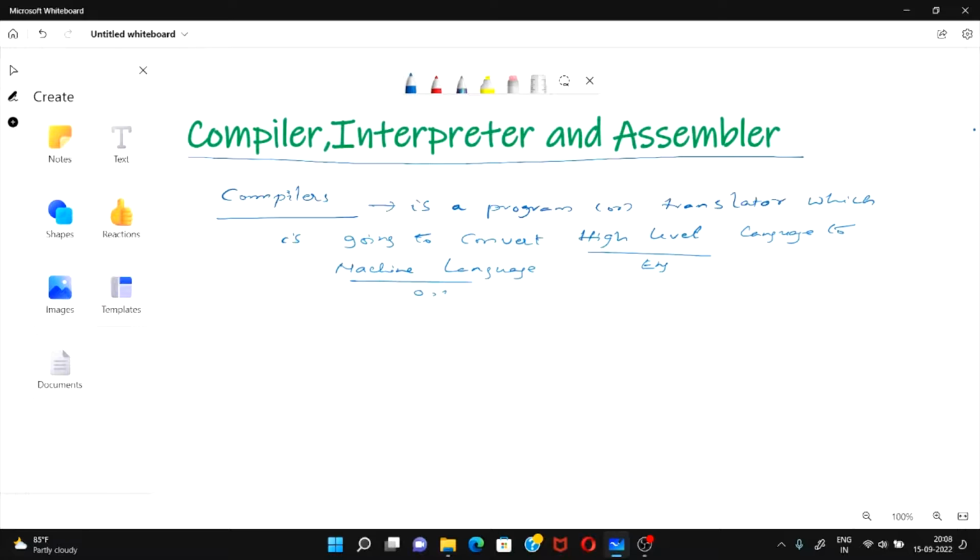So simply we can take a compiler. So this is your compiler. This compiler will accept input in one language and it is going to convert and produce output in another language. So we can say the input language is a high level language.